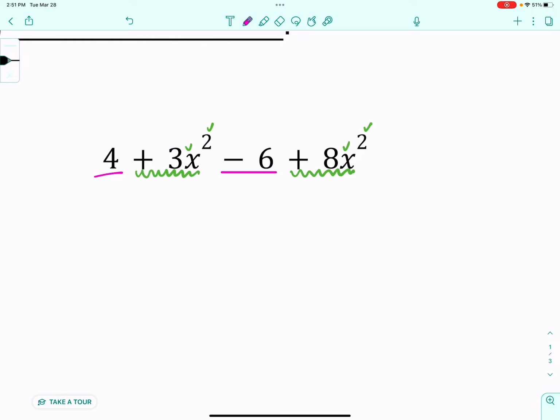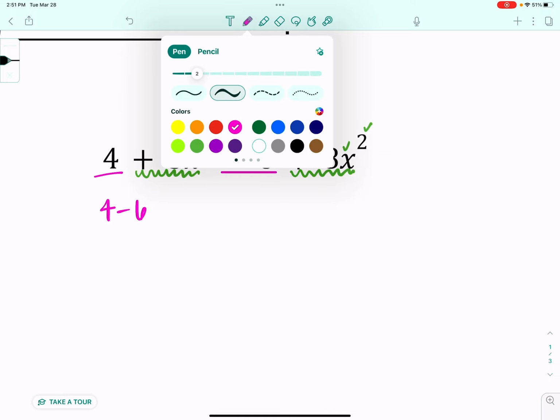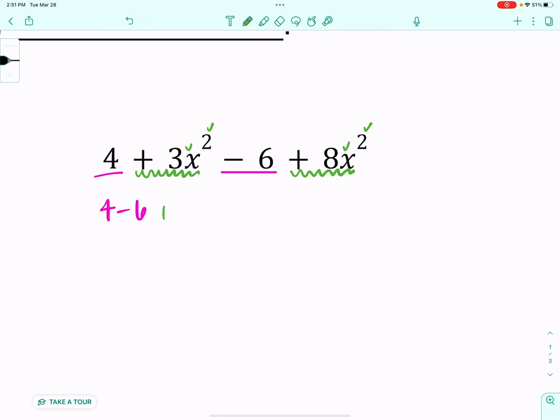I'm going to rewrite these so that my like terms are next to each other. So I would have 4 minus 6 plus 3x squared plus 8x squared. 4 minus 6 is negative 2.